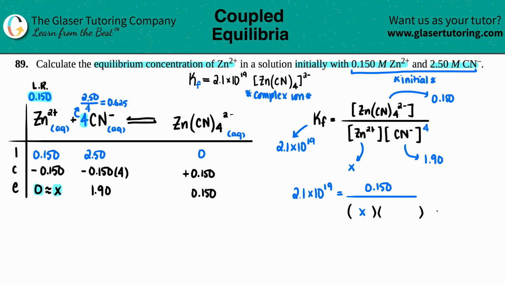Pull this over. And this is now 13.0321. And now I can just do my cross multiplying. So this times this. So at the end of the day, this is going to equal 0.150 times 2.1 times 10 to the 19th.